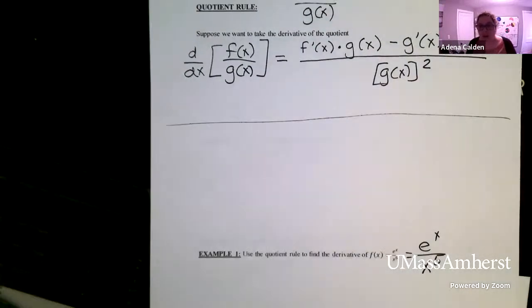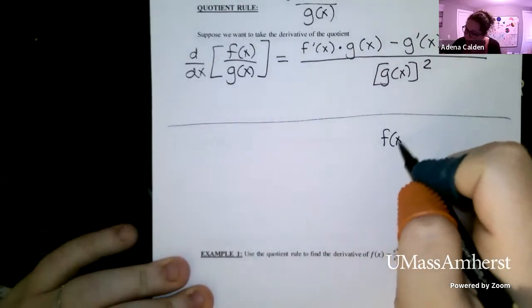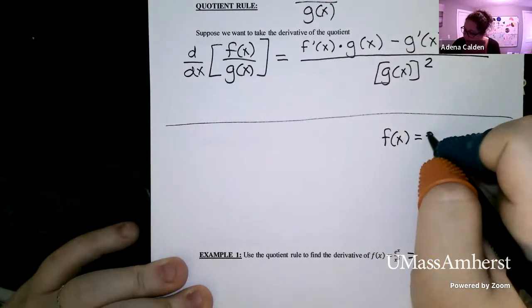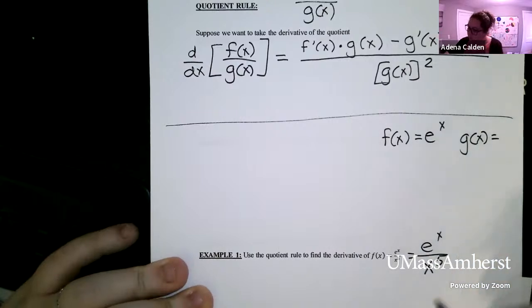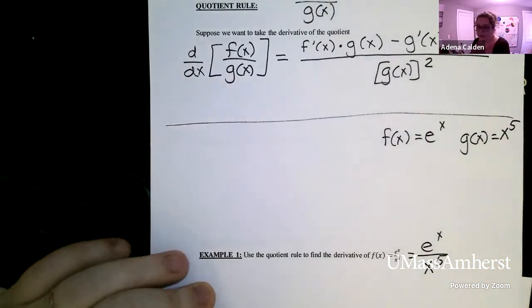Now I'm going to set up my work very similar to the product rule. So I'm going to pick my top function is always my f. So here that's e to the x. My bottom function is always the g. So that's the x to the fifth.